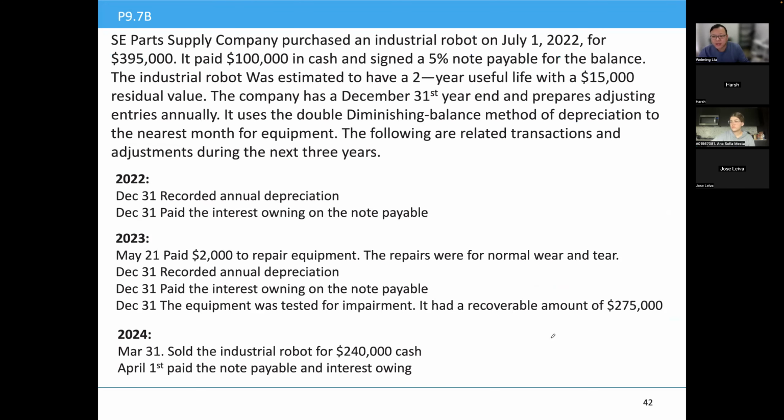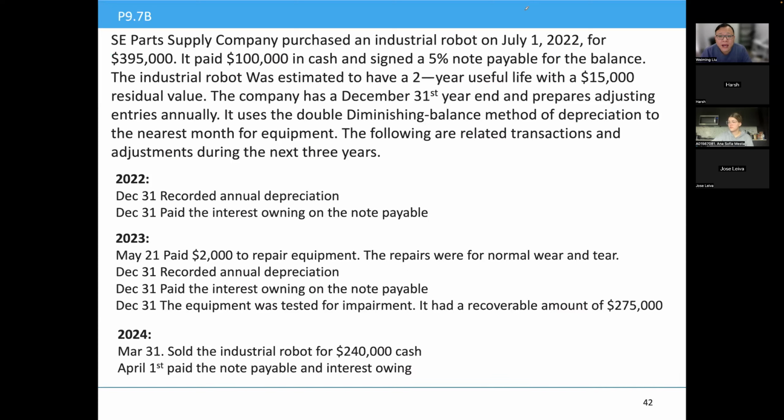Okay, so let's work on this question, and we'll do this together. ICE Parts Supply Company purchased an industrial robot on July 1st, 2022.